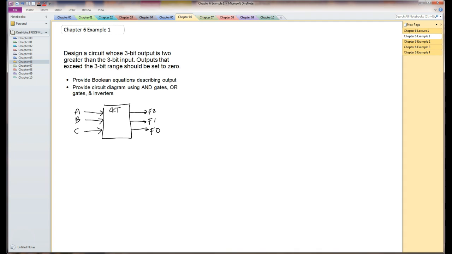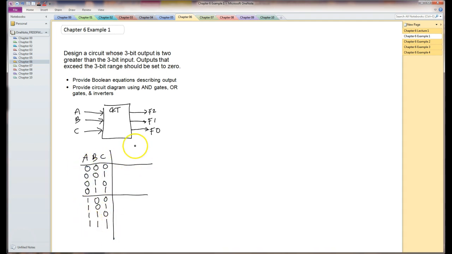This is iterative, brute force design. We only know one design method, so let's do it. I'm going to set up a table and go through every possible combination of those 3 inputs. This circuit has 3 outputs, so I put all 3 outputs there: F2, F1, F0.